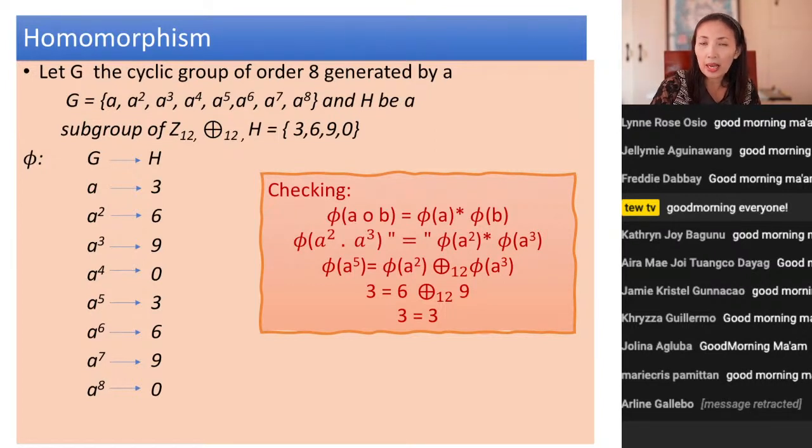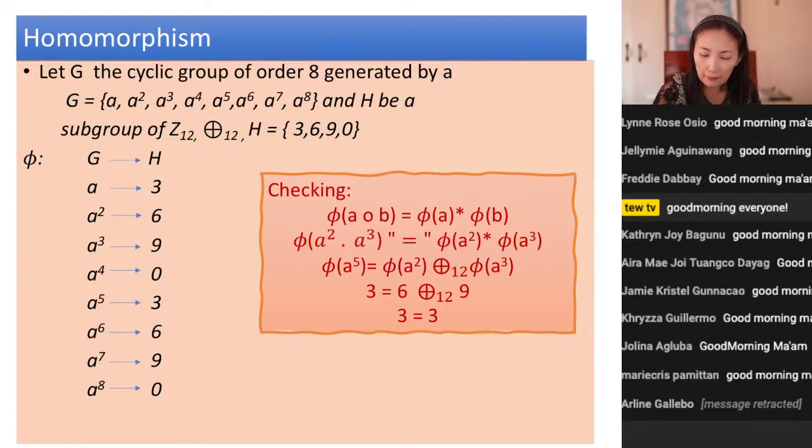Now, we will make a mapping of G to H. Elements of G are A until A to the 8. And the elements of H are 3, 6, 9, 0, 3, 6, 9, 0.